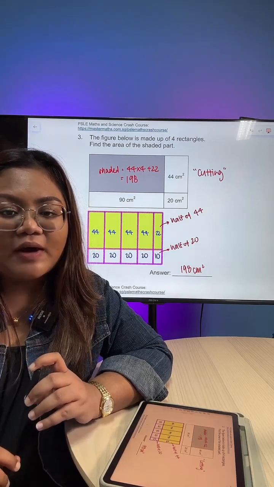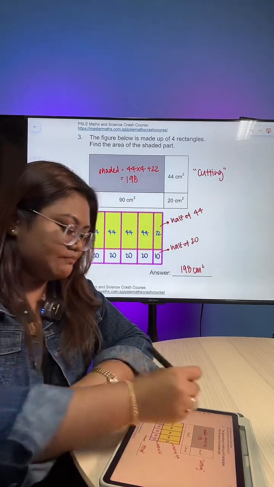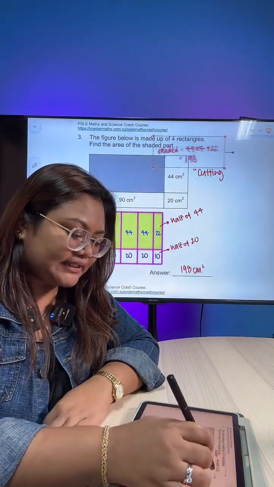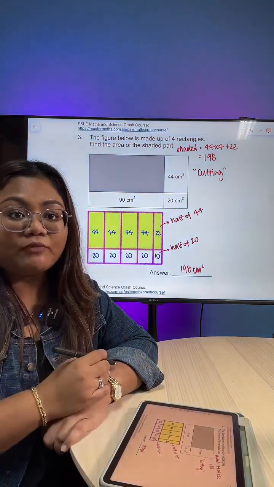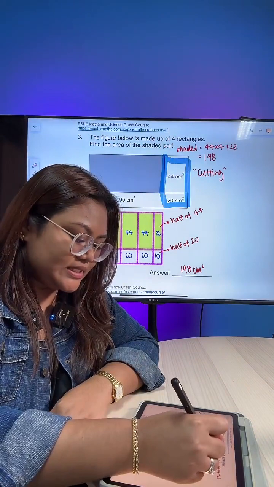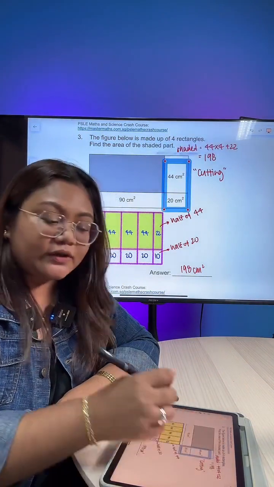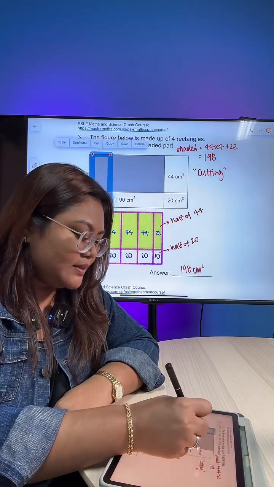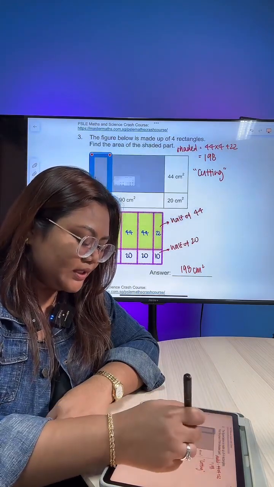Okay? How I know is 44. So that's very simple. Okay, step 1, I'm going to cut. So this one I put away first. Okay, step 1, I'm going to cut. I have this 20 cm square, right? Okay, if I have another 20 here, okay, let me make this a little bit smaller.